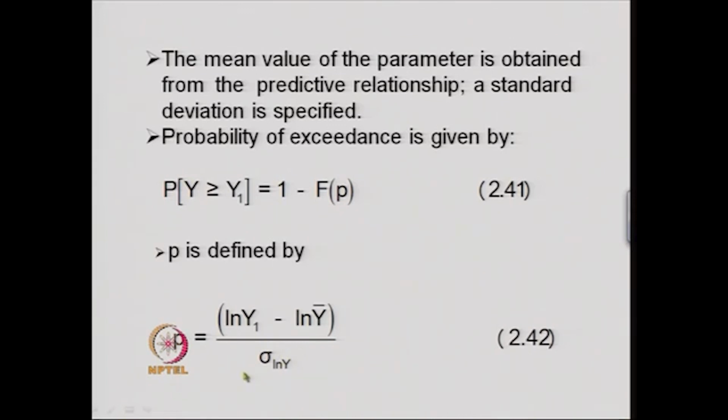deviation. So, this normalized quantity is taken as the value of P, and Fp obviously follows a normal distribution, and there are standard charts which are available for the standard normal variate, and from that one can easily find out the value of Fp, and hence the probability of exceedance of a certain parameter can be obtained easily.